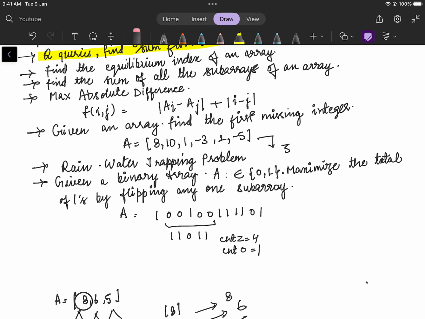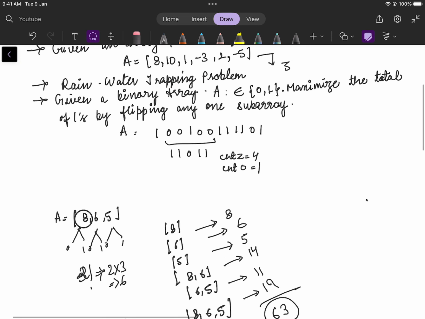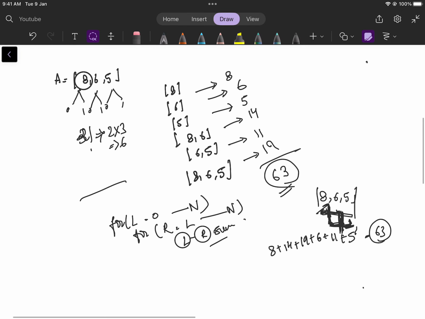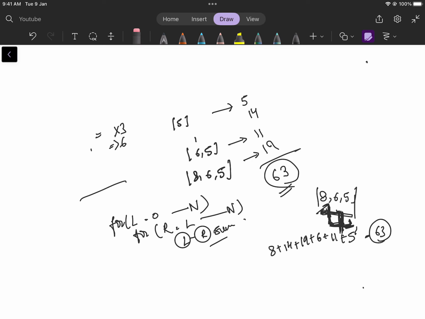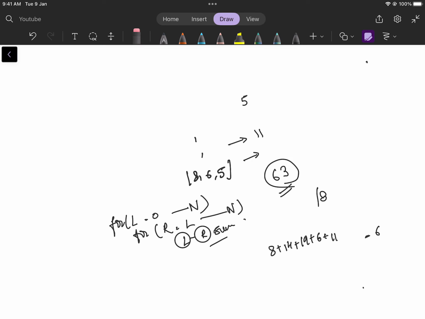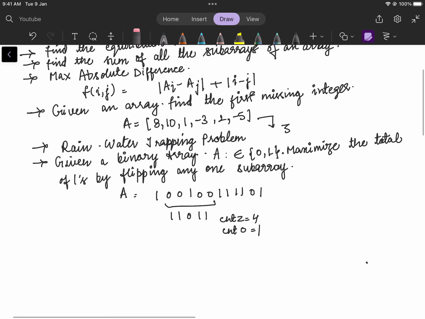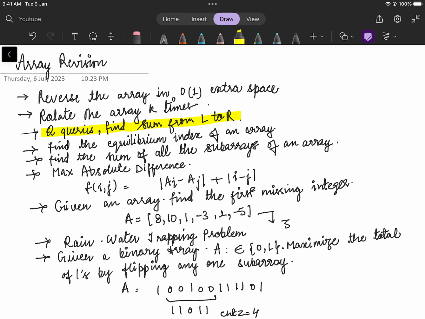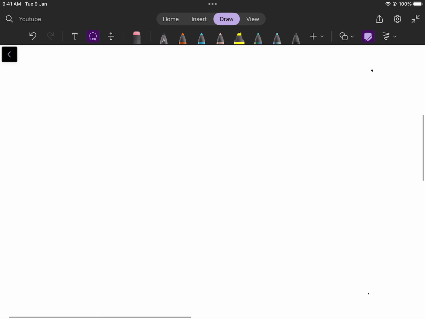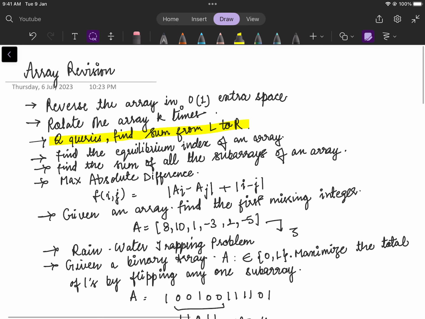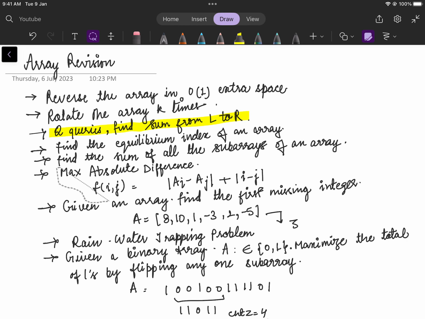Sorry. Firstly, erase all these things. This is the best feature.